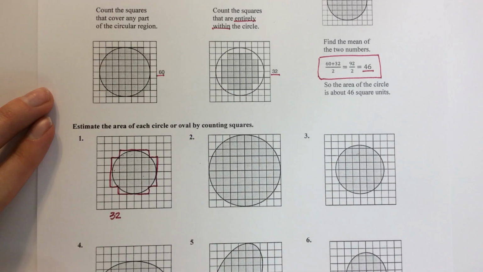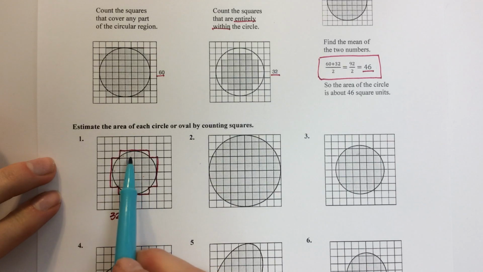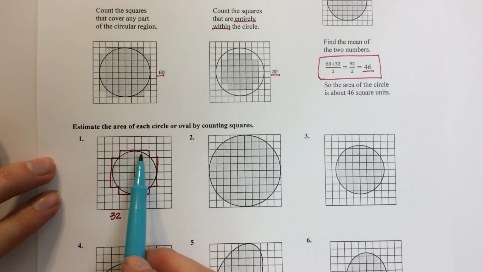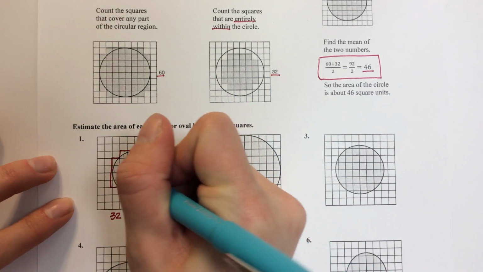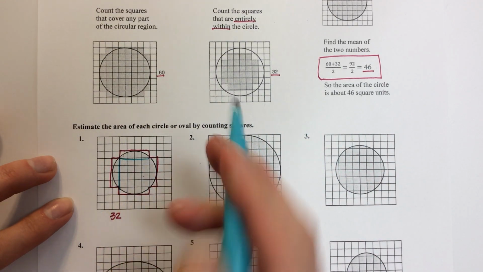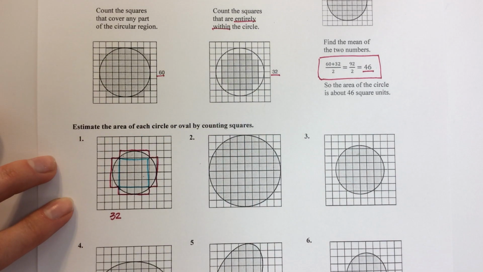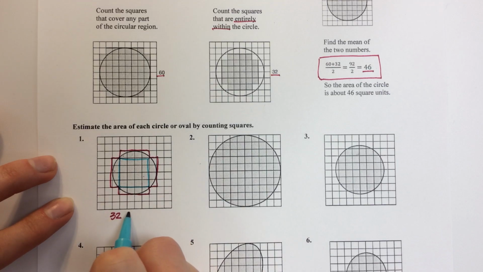Now, let's do the ones that are entirely within. Are these top ones entirely within the circle? No. So it's pretty much going to be this little box right here for this particular circle, which is a 4x4 grid, which is how many? 16.